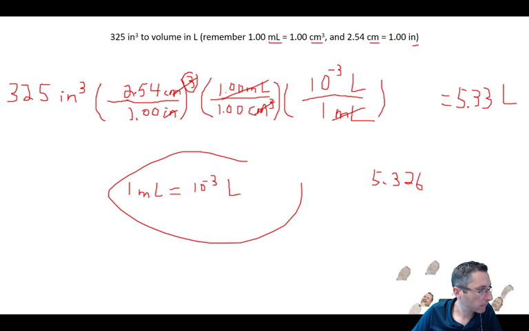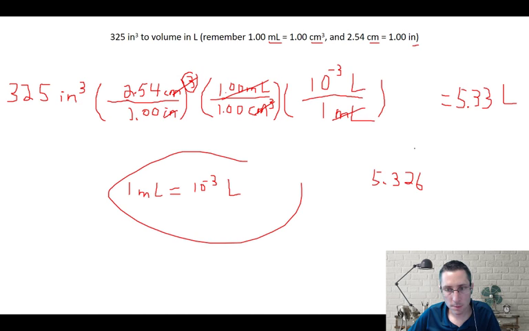And I also show you later the metric equivalents like inches to centimeters, and I say these will be given to you on exams, just so it's perfectly clear everything we have to memorize. All right, so 5.33 liters should be what I get here.